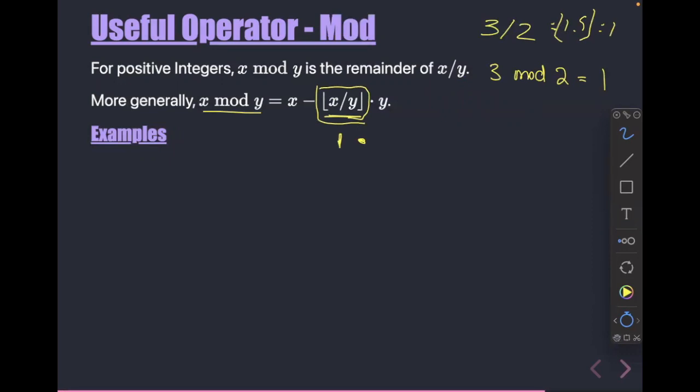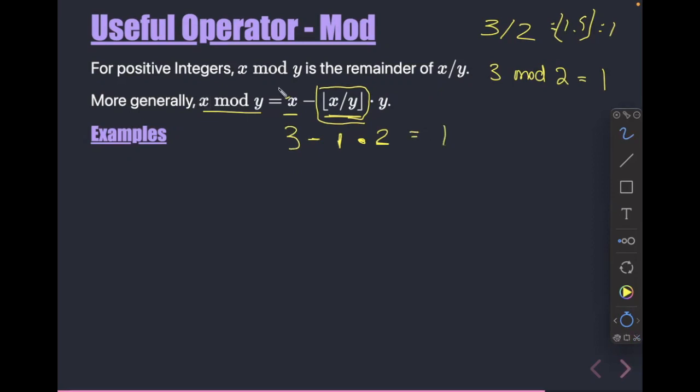And your y is 2, and then you're taking the whole number 2 and subtracting it from your x, so this number. So you have 3 minus 2, which gives you 1.